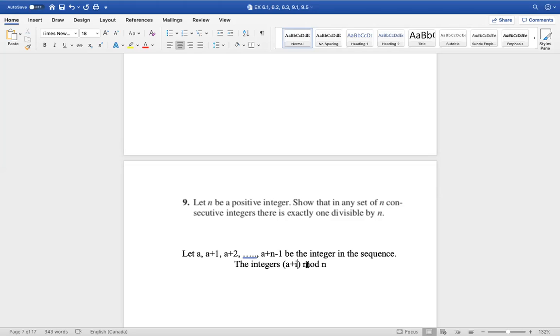What we are doing is we add a and some integer i, divide by n, and take the remainder. The number i is either 0, 1, 2, and so on up to n minus 1, and we know that they are distinct.